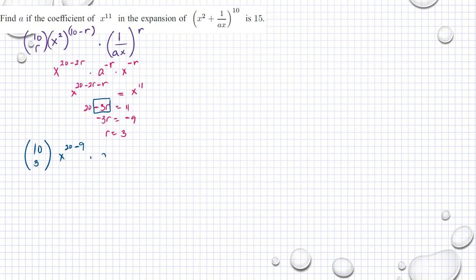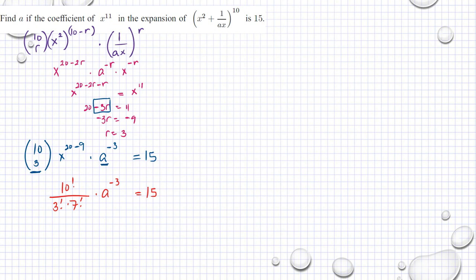Multiplied by a raised to negative r, or negative 3, is equal to 15. Then I am only interested now with my a raised to negative 3 and 10 taken 3. So 10 taken 3 is 10 factorial over 3 factorial multiplied by 7 factorial, multiplied by a raised to negative 3 is equal to 15.